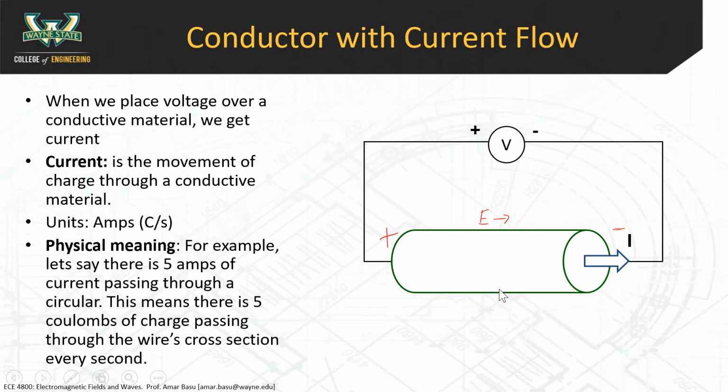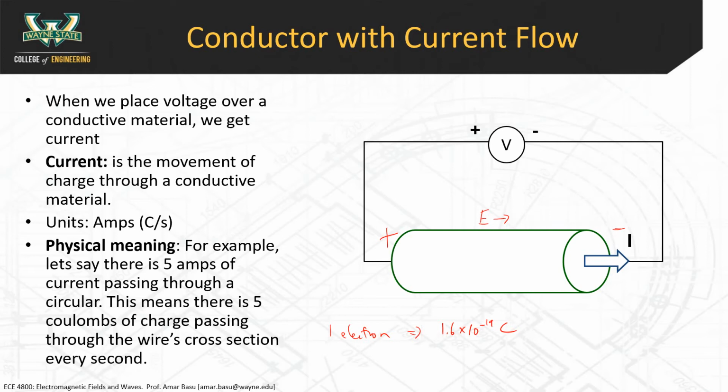And remember, one electron has a charge equal to 1.6 times 10 to the negative 19 coulombs. So 1 coulomb is a lot of charges, considering a single charge only has 1.6 times 10 to the negative 19 coulombs.